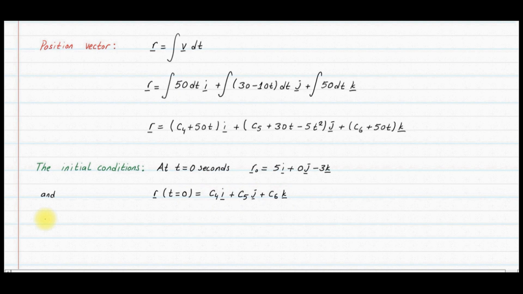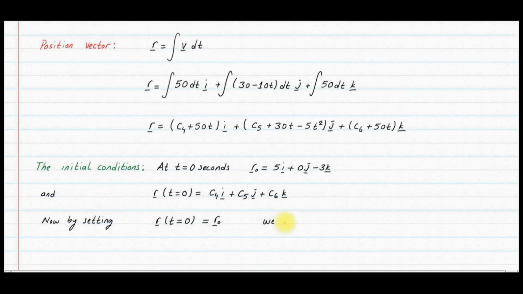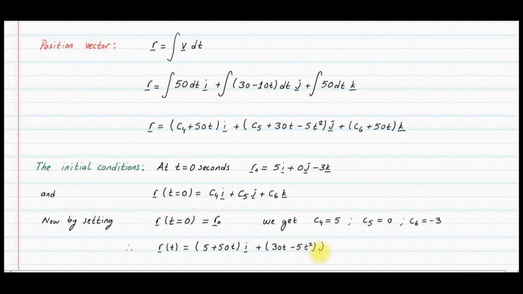To find the integration constants c4, c5 and c6, we equate the initial position vector to the position vector at t equals 0, which then gives c4 equals 5, c5 equals 0 and c6 equals negative 3. Therefore, the position vector r of t is equal to (5 plus 50t) i plus (30t minus 5t squared) j plus (50t minus 3) k.